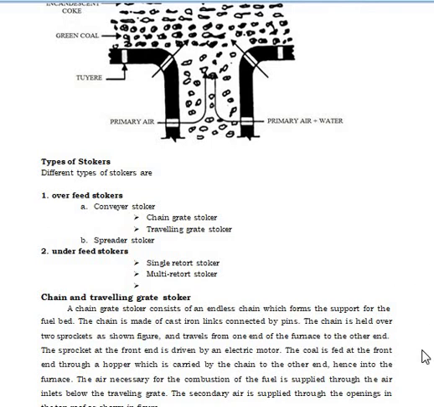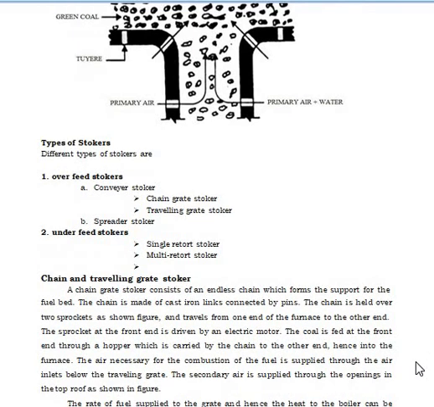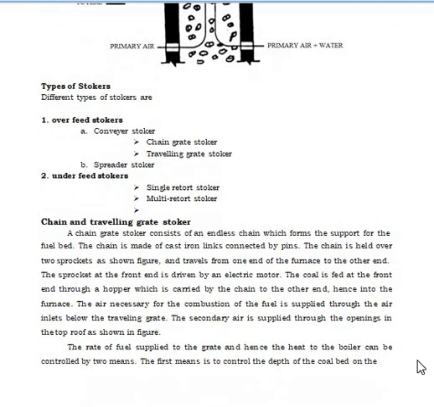The coal is fed at the front end through a hopper and is carried by the chain to the other end, hence into the furnace. The air necessary for the combustion of fuel is supplied through the air inlets below the traveling grate. The secondary air is supplied through the openings in the top roof, as shown in the figure.